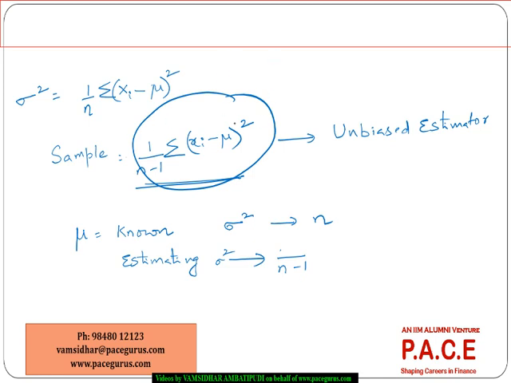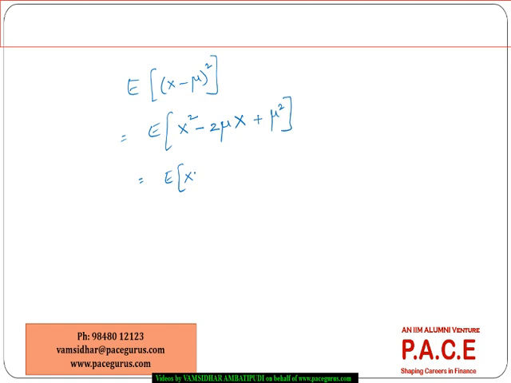Now, we know that this is the typical definition of variance. So let's try to derive something. My variance is nothing but the expected value of x minus mu squared. Now let's expand it: expected value of x squared minus 2 mu x plus mu squared. Because expectation is linear, I'll split it.